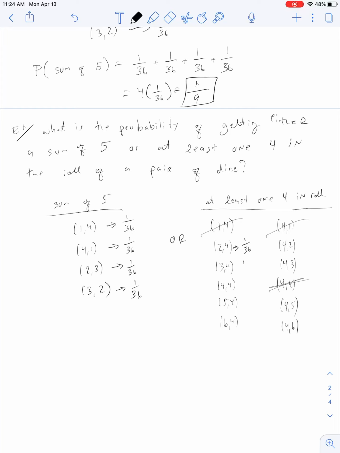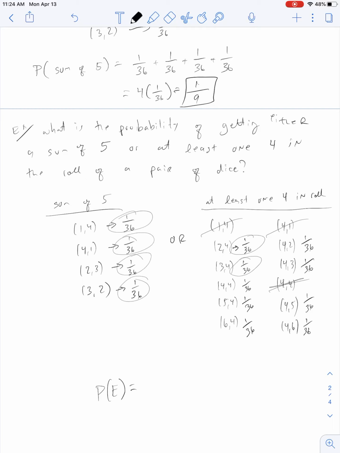Okay, and we know the probability of each individual one is 1 over 36. So the probability of this event, well, how many 1 over 36s do we have?